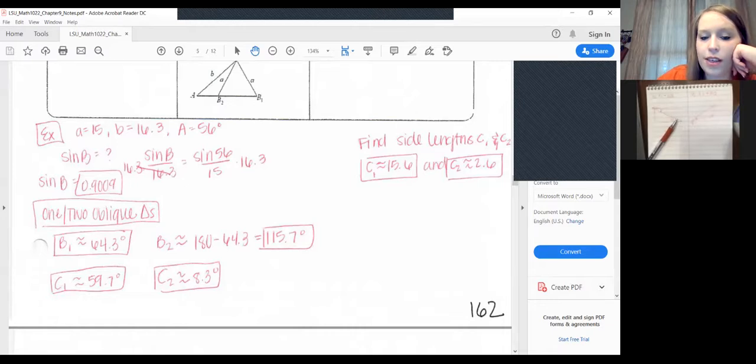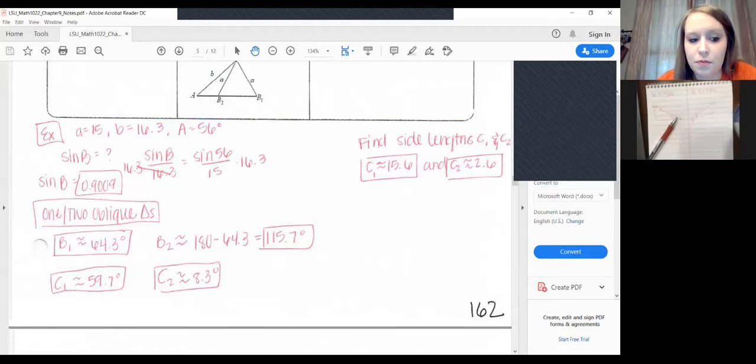We're going to put all this in your calculator. I would do sine of 56 divided by 15 times 16.3. And in my calculator, I got 0.9. So it's in between 0 and 1. So I have 1 or 2.